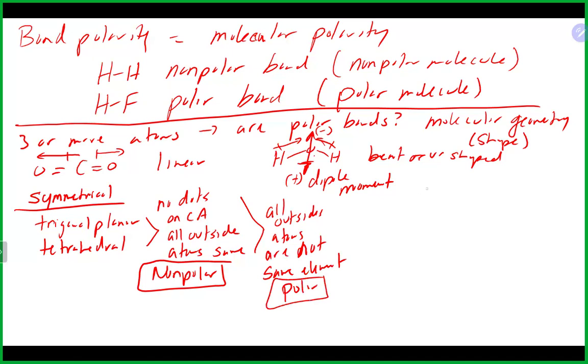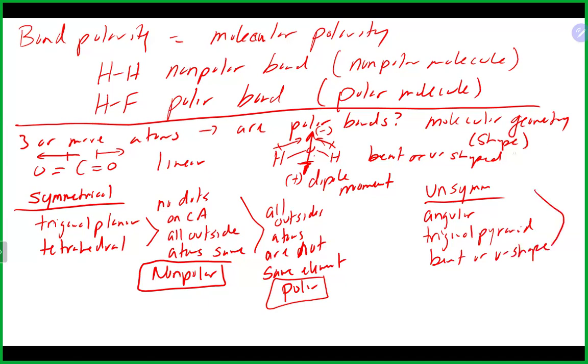Then we have some unsymmetrical geometries. And for you guys, that's the angular, the trigonal pyramid, and the bent or V-shaped. And pretty much what these guys have in common are dots on the central atom when you draw your Lewis structure.